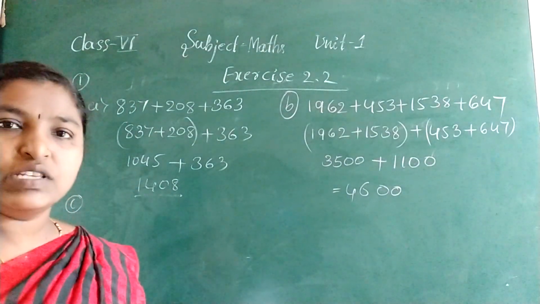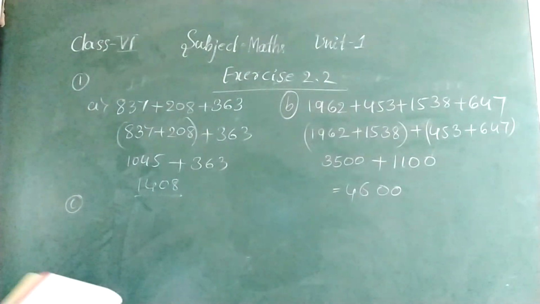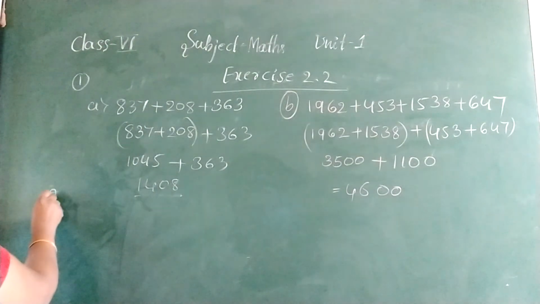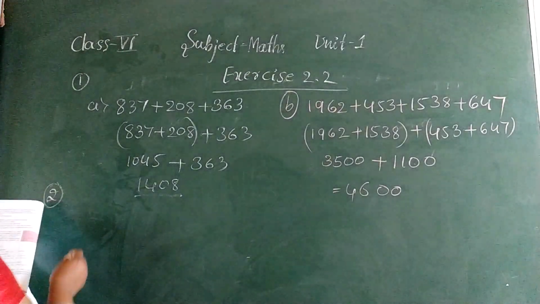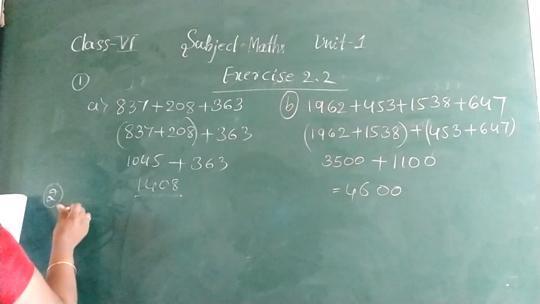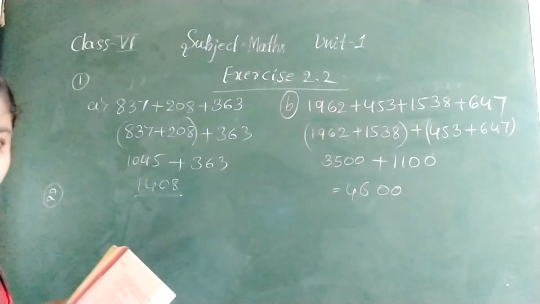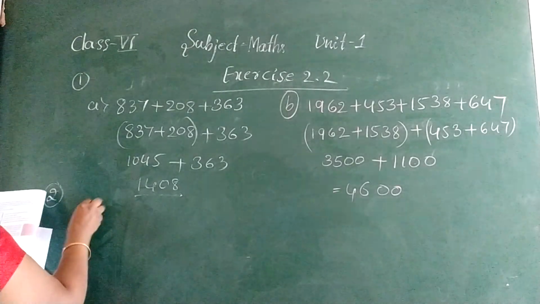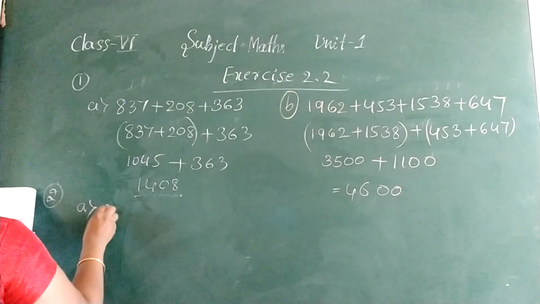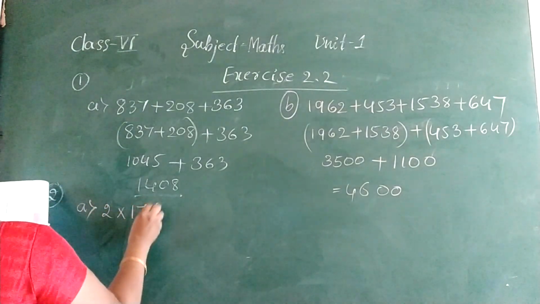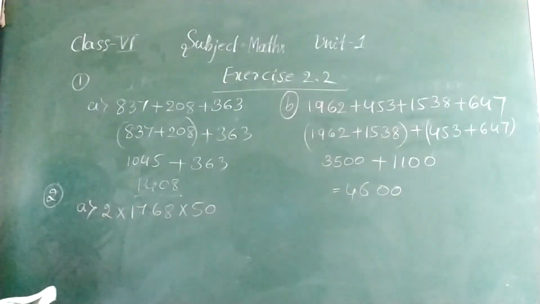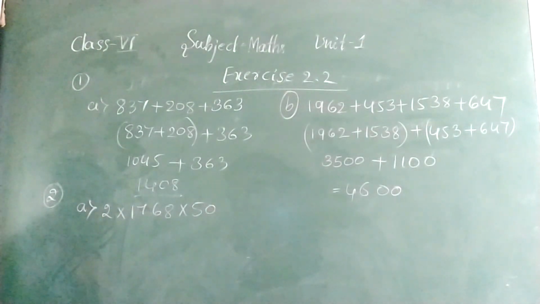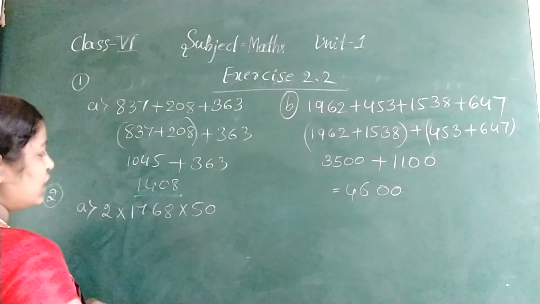Next we will start question number 2. Find the product by suitable rearrangement. A: 2 into 1768 into 50. This is also the associativity of multiplication.